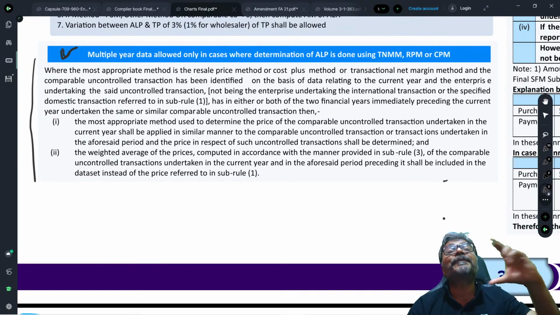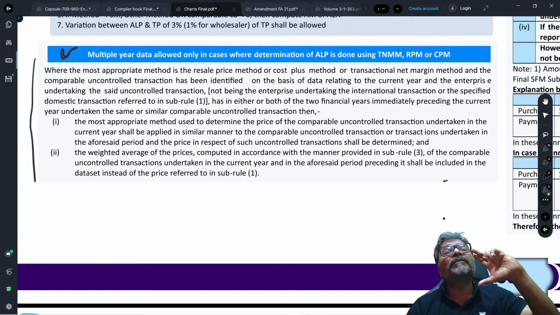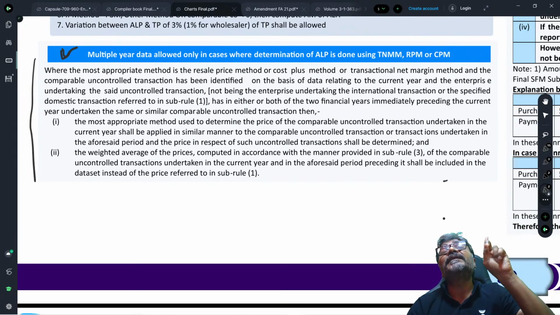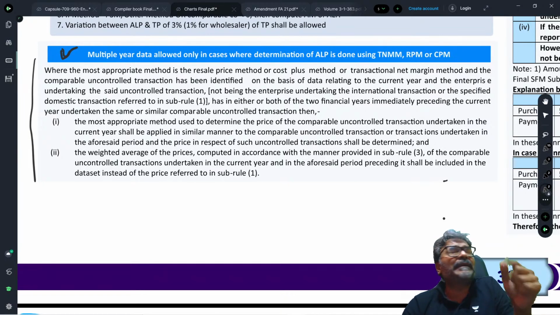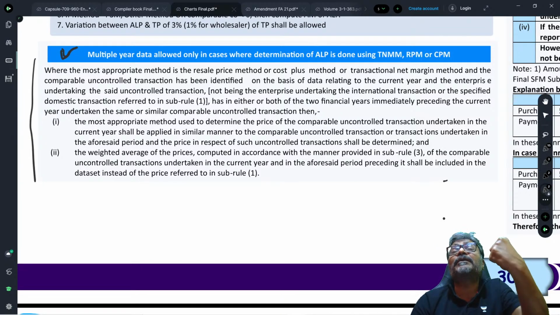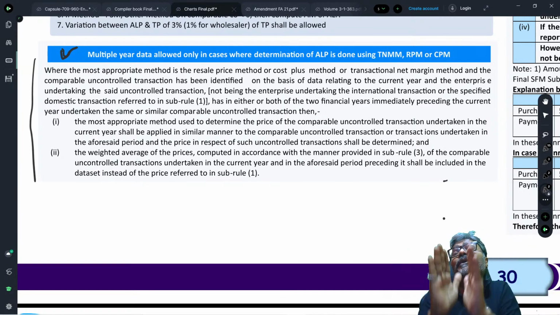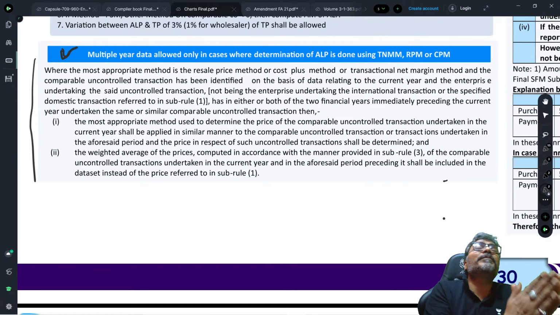It talks about the absolute number, and it is only one variable that plays out. What is the variable? We are comparing either the cost or the selling price. That is what we are comparing so far as the comparable uncontrolled price method is concerned.